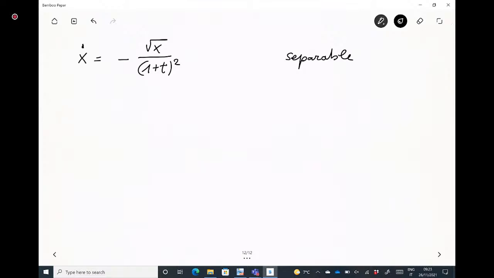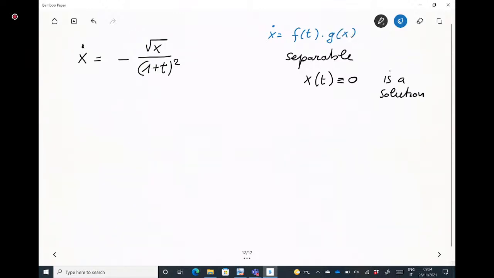So, of course, x of t identically equal to 0 is a solution to the differential equation. Why is that? Remember that a separable differential equation has this structure, x dot is equal to f of t times g of x. Here g of x is just the square root of x.